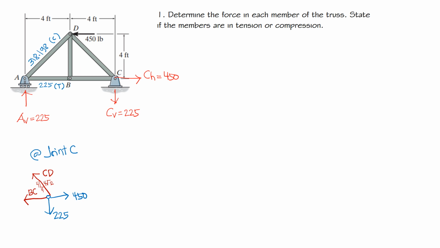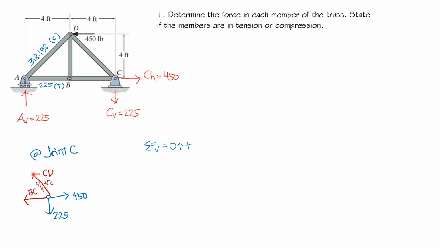Let's start with the summation of forces vertical. Summation of forces vertical is equal to 0, setting going up as positive. Let's start with the vertical component of member CD.